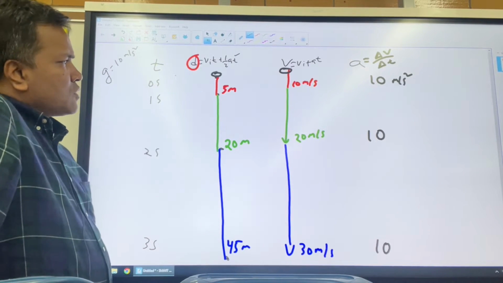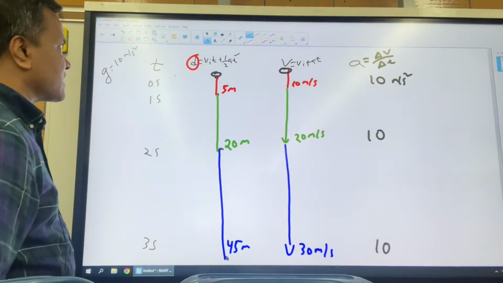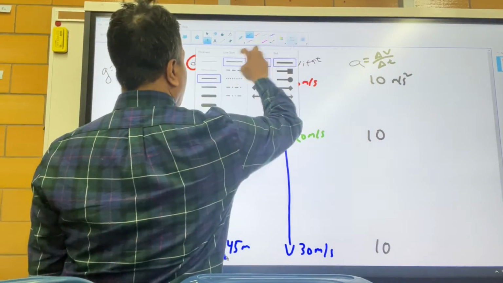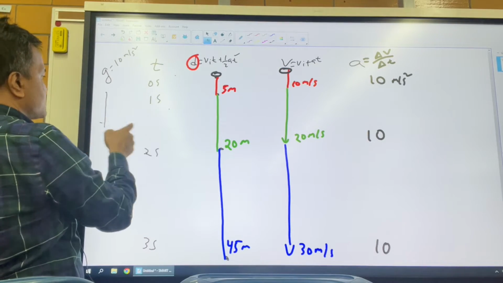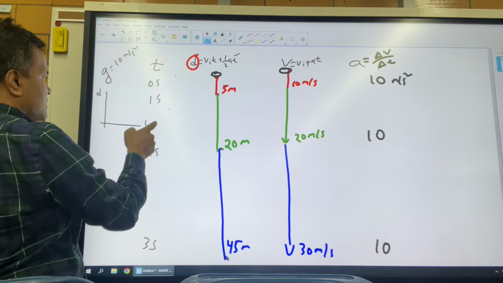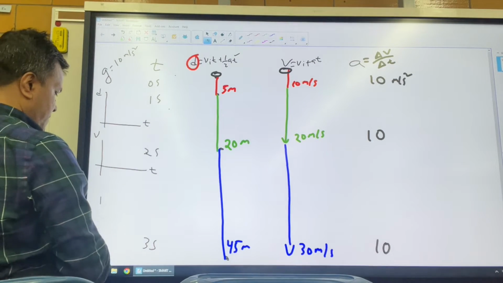Now I want you to draw the dt, vt, and at graphs. Let's do it here on the corner. This would be our dt, this would be our vt, and this would be our at.